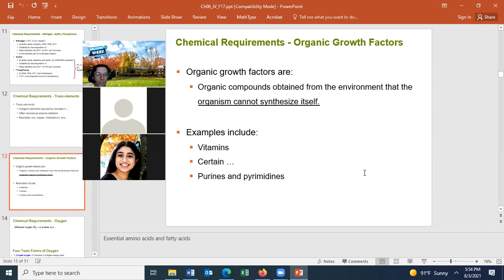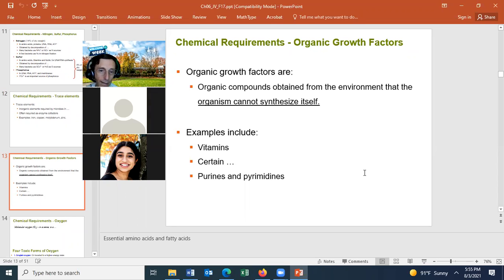Organic growth factors are required if the organism requires an organic chemical compound. You get them for a bacteria from the environment. We get ours from the food we eat and the liquids we drink. This is an organic molecule that the organism needs, and we cannot, or they cannot make it. Examples for us would be certain vitamins like vitamin C, certain amino acids, we call it an essential amino acid or an essential fatty acid.